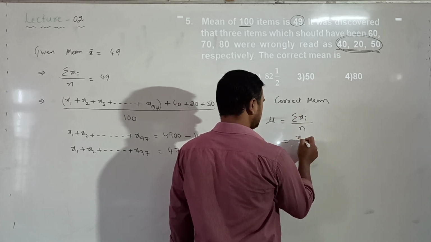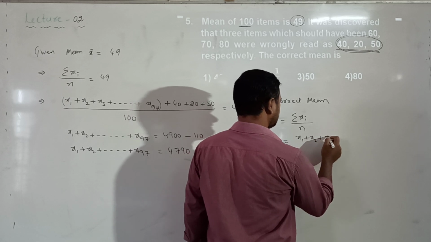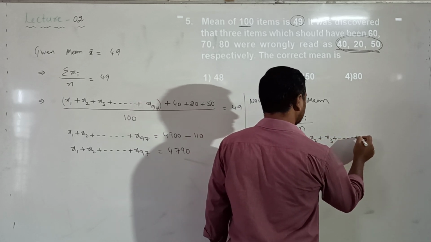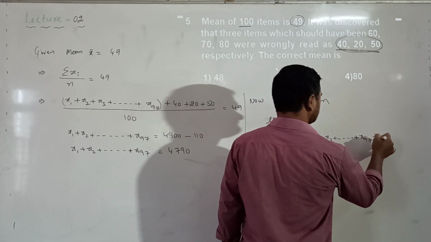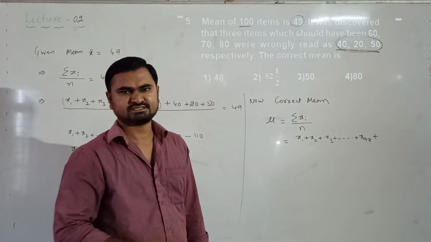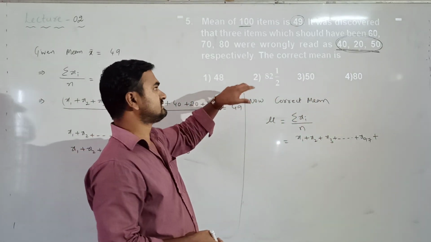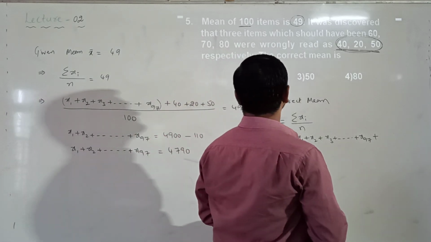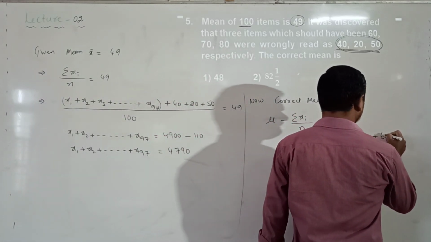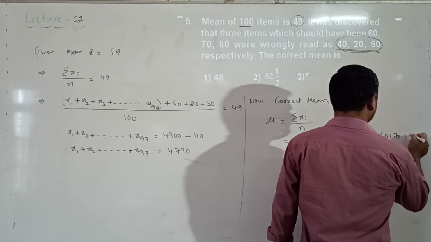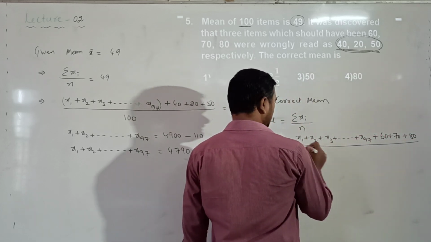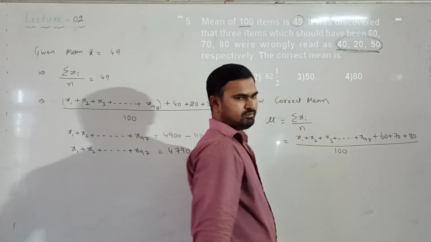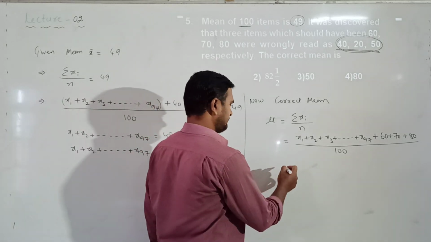Sigma xi means x1 plus x2 plus x3 up to x97 plus, now what are the correct observations? The correct observations are 60, 70, 80, divided by the number of observations, which is 100 only.